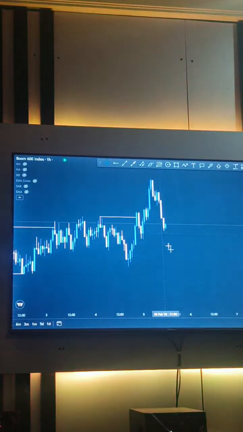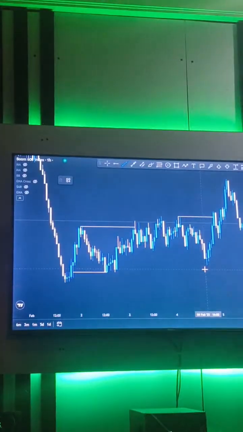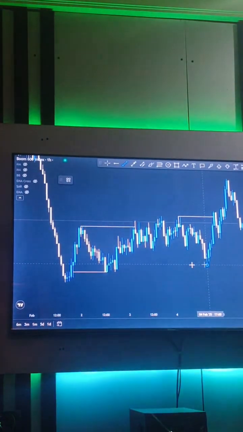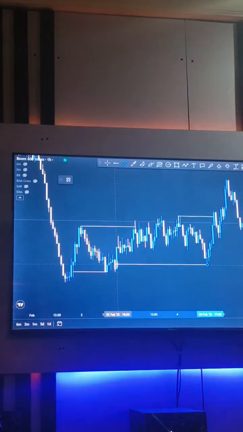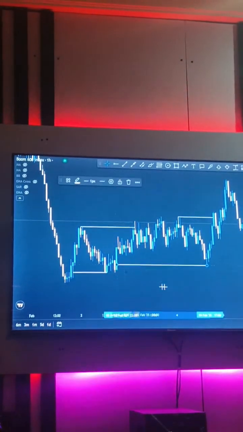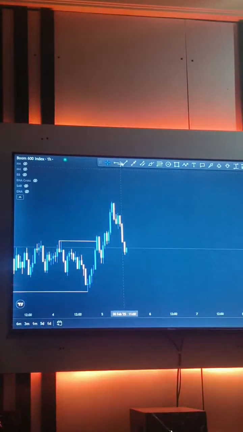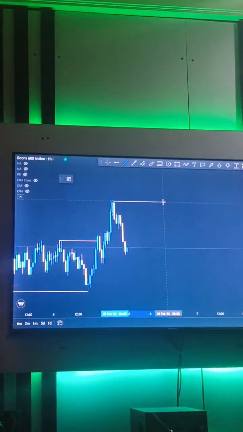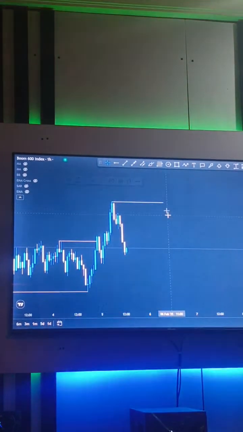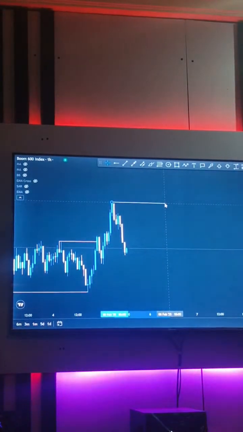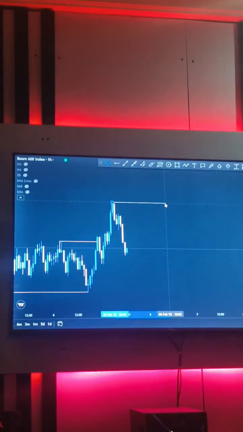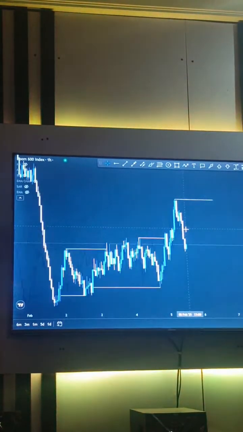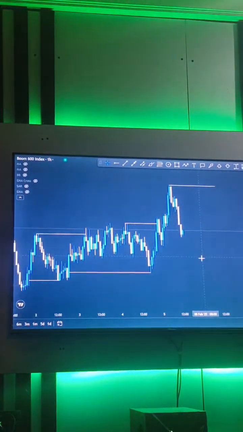So I have right here, good, an upward structure right now. I have a structure to the upside: higher highs and higher lows. The market is giving me higher highs and higher lows right now.